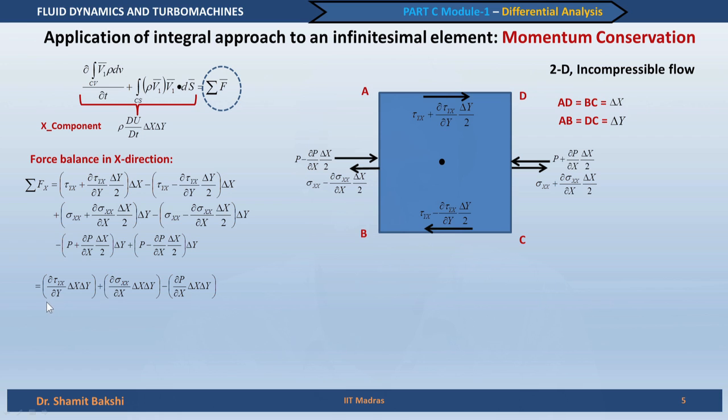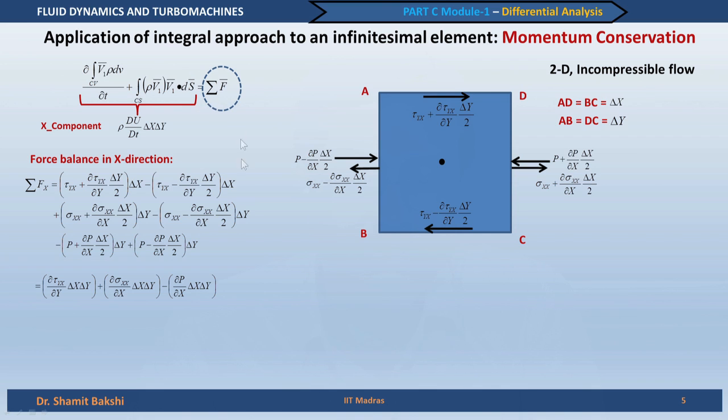So we get this expression: del tau yx by del y into del x del y, del sigma xx by del x into del x del y, that is the volume, minus del p by del x into del x del y. The minus sign is because the pressure is acting into the control volume on the control surface. So now we have obtained the sum of forces.